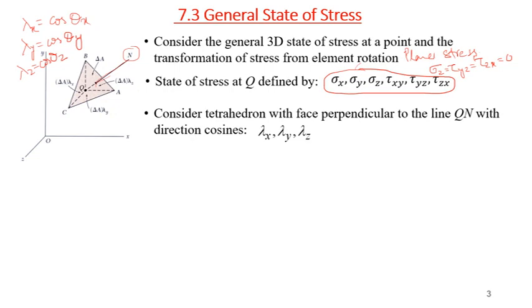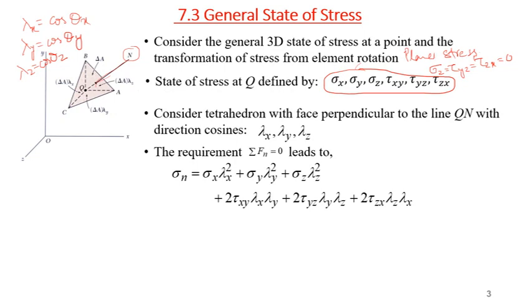By considering that the sum of forces in the normal direction should be equal to 0, we convert into forces by multiplying with the area, and delta A will cancel out.